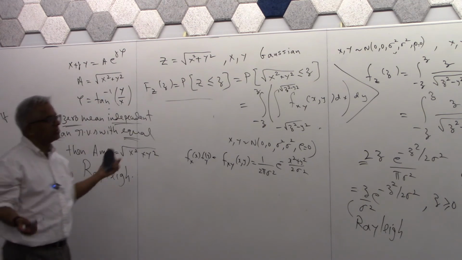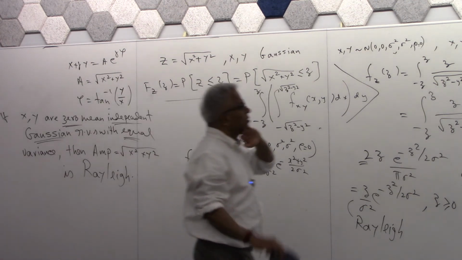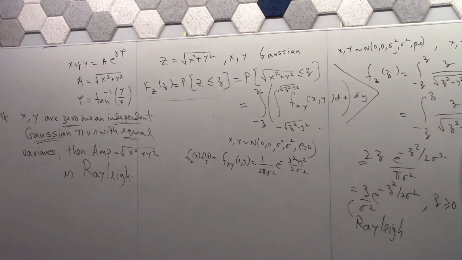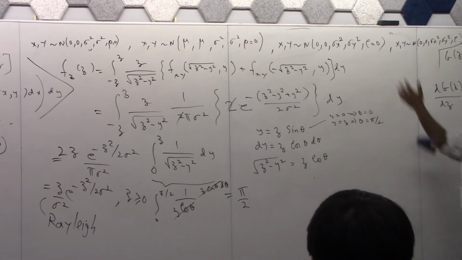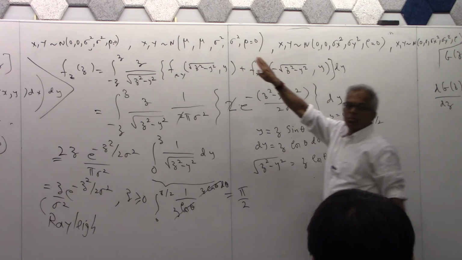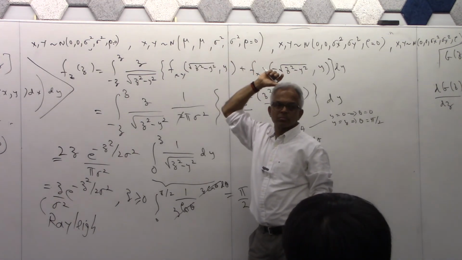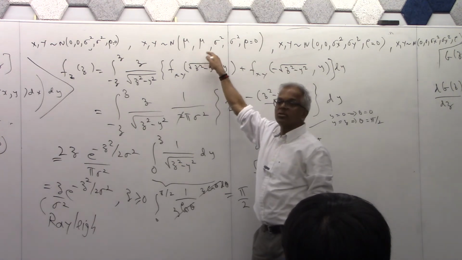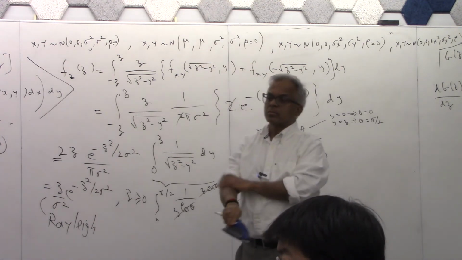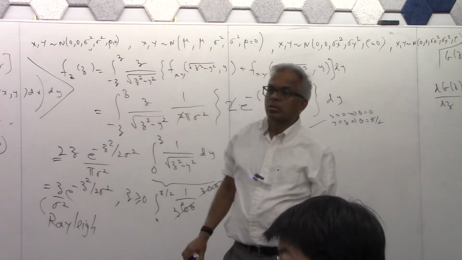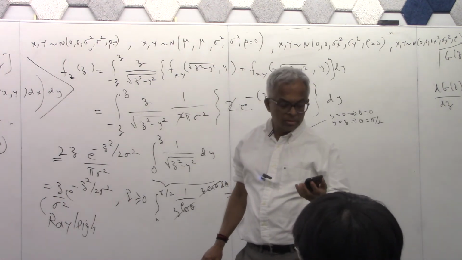So let's just see how far we can go if they have not equal variance. And this case is solved in the book. This will come out to be a Rayleigh density function. Yeah. For what?